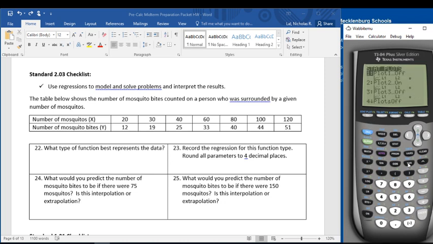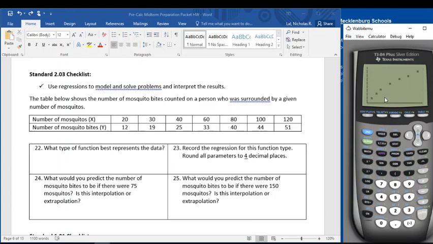Plot 2, I don't have to worry about, so turn that off. Plot 1 is on. Then go to zoom 9, zoom stat.